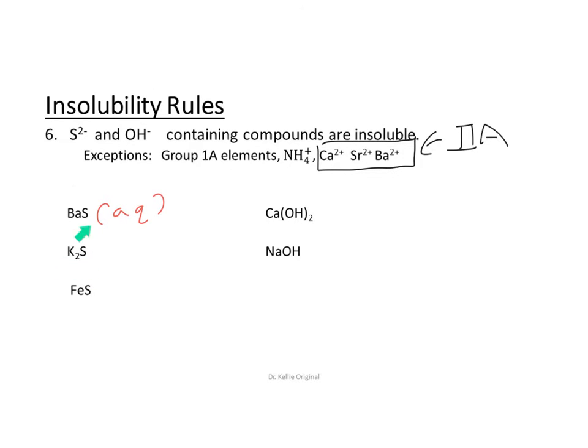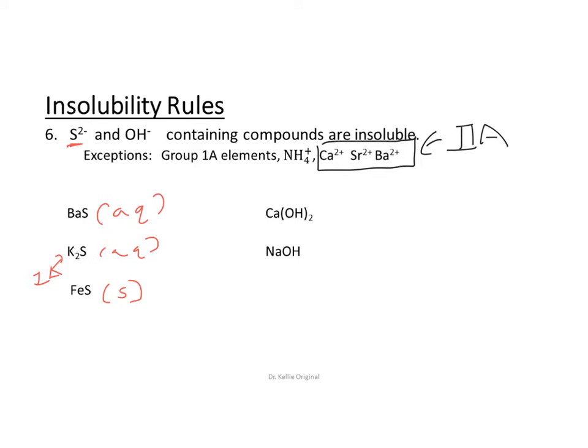Anything with sulfide should be insoluble except group 1A elements. Darn it! So since it has potassium, a group 1A element, it's going to dissolve in water. Then we have iron 2 sulfide. Anything that contains a sulfide is insoluble, so it would not dissolve in water.